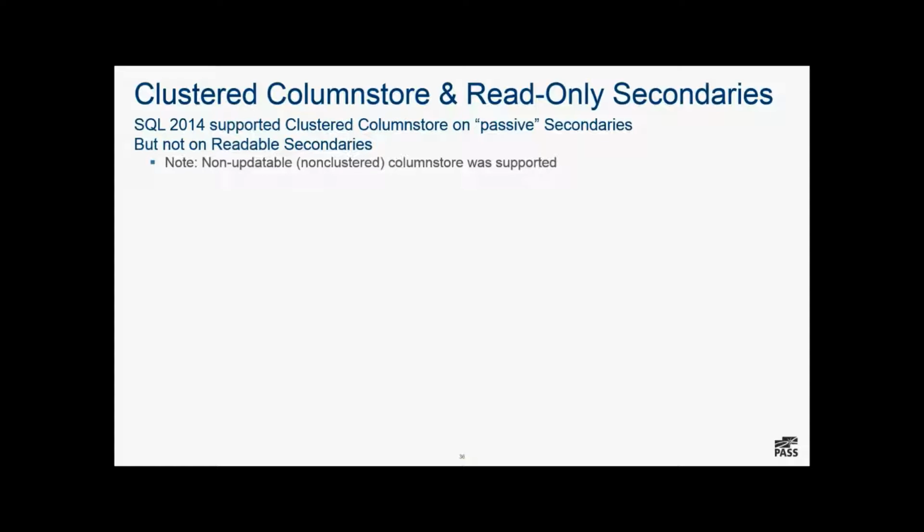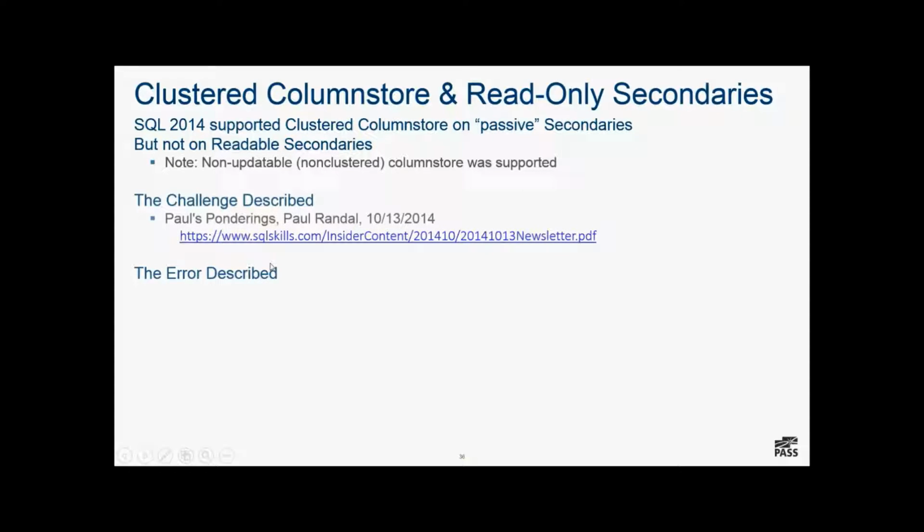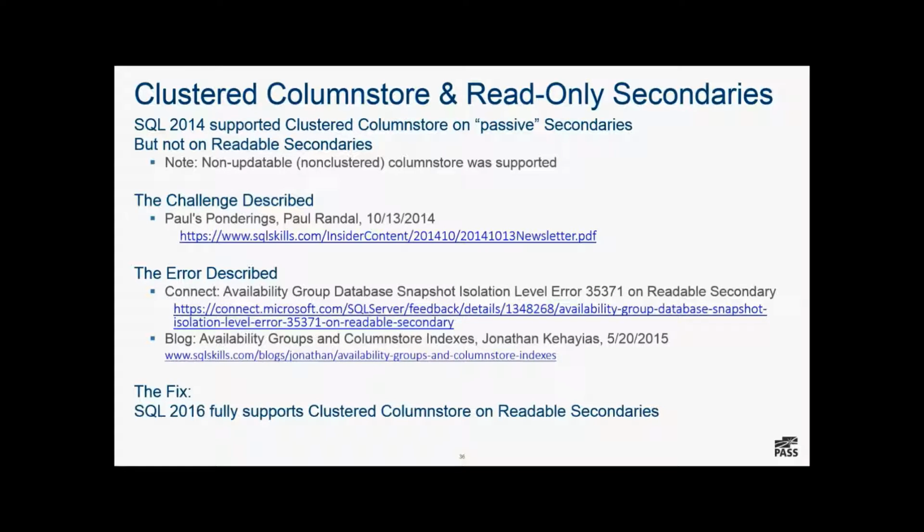I mentioned clustered columnstore was supported in 2014, but not on passive readable secondaries. I'm not going to go into detail here with regard to why, but Paul Randal did a really great job of describing it, and this is something I bet many of you aren't aware of.